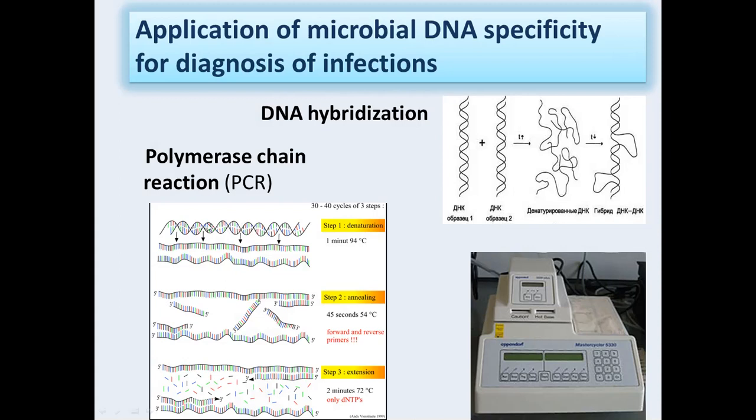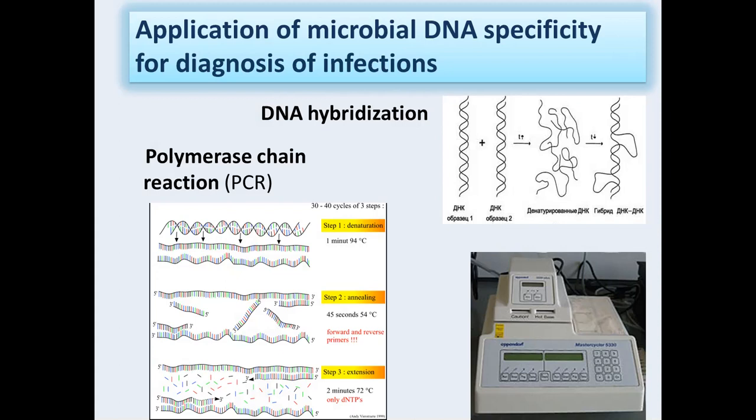When we heat this double helix molecule, it loses the double structure, and these artificial fragments can attach to complementary sites. And then we add a special enzyme, DNA-dependent DNA polymerase, and the set of necessary nucleotides, and the process of synthesis of DNA begins.